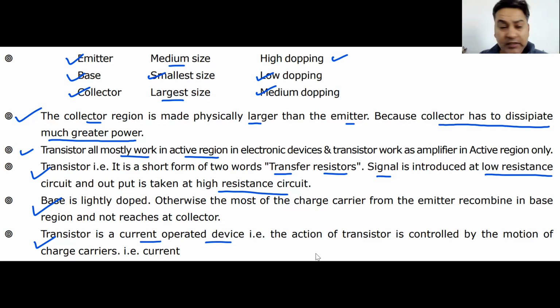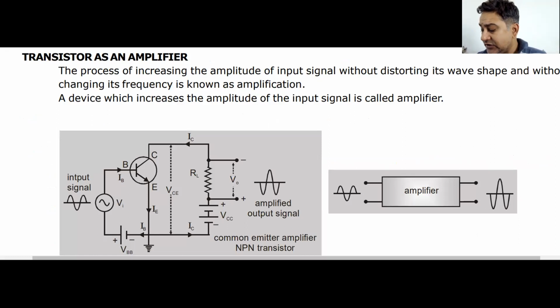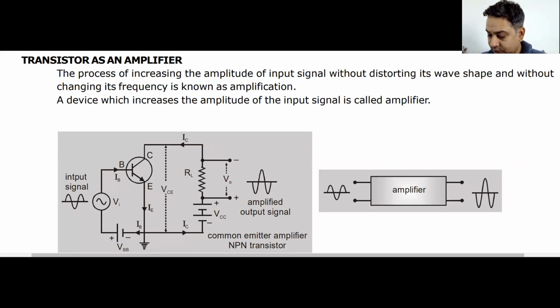Okay. The next thing is uses of transistor, and the first use is transistor as an amplifier. We can amplify using a transistor. What is an amplifier? Everyone understand what's an amplifier? Increasing amplitude.